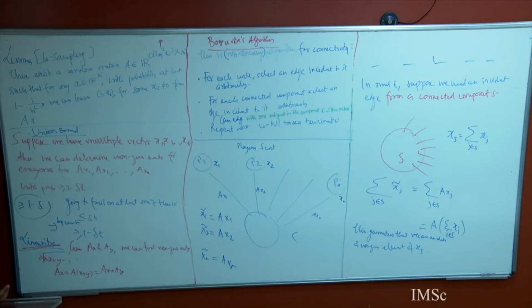So there are just three vectors. Apply this with three vectors, no? And apply the union bound. What do you want? I want this thing to hold with respect to x, y, and x plus y. So of course it will hold with probability 1 minus 3 delta.